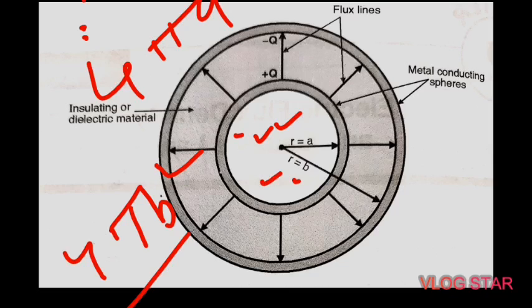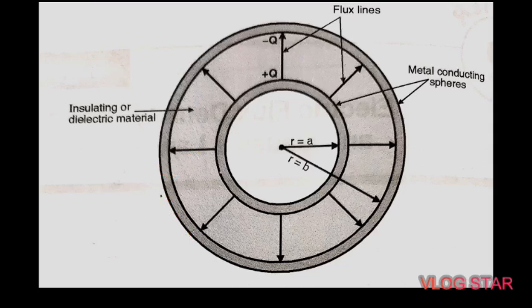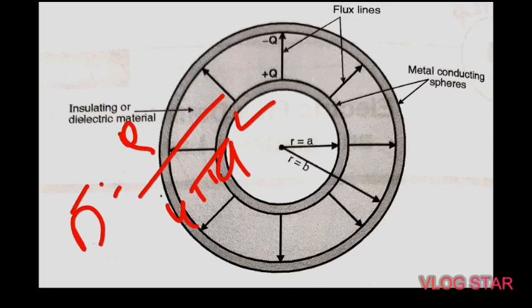Okay, in this case electric flux density is in the radial direction. Thus we can write the expression for the inner sphere: D bar is equal to Q upon 4 pi a square into a r bar.